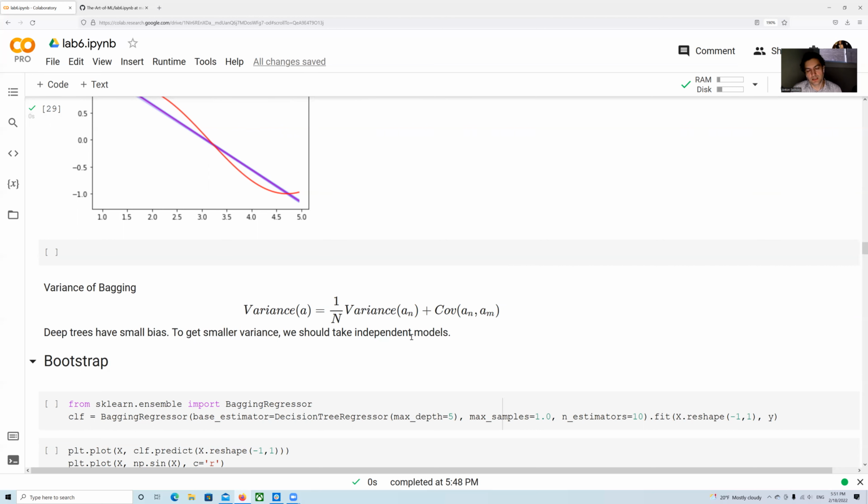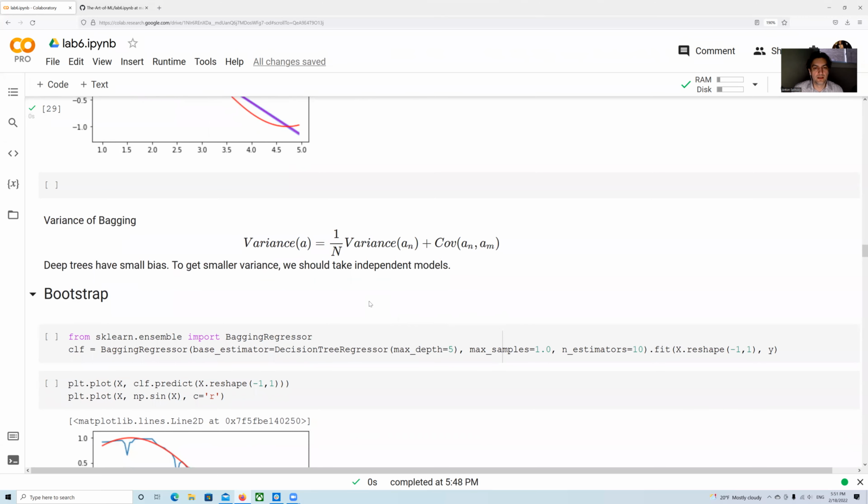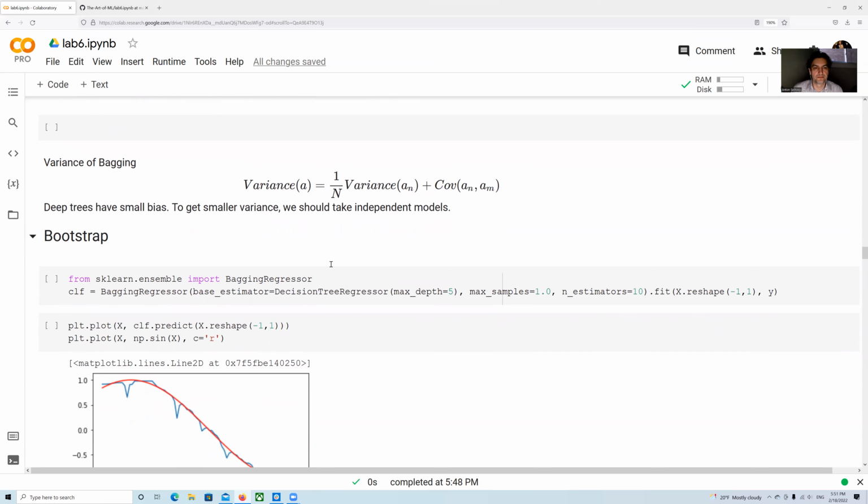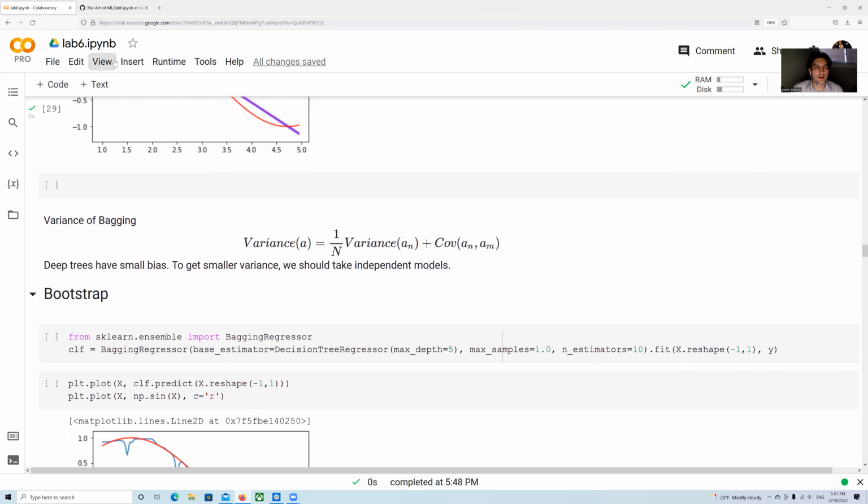In the previous case, we trained our models on a subset of the entire data set to make a little bit of difference. But there is also another method which is called Bootstrap. Bootstrap is choice with replacement.